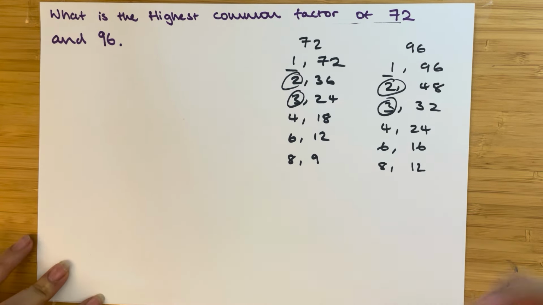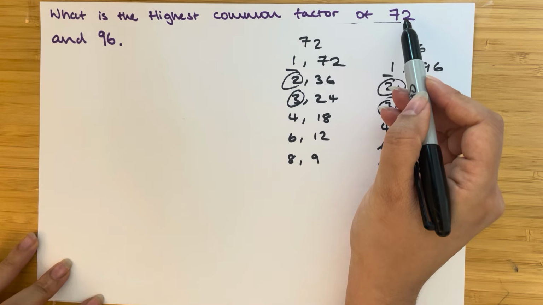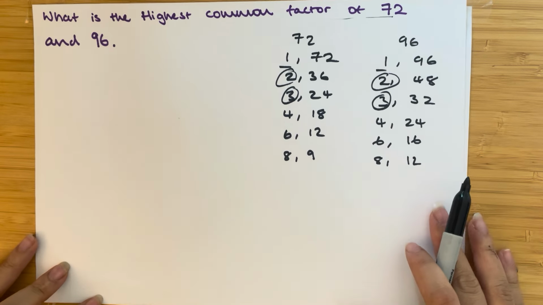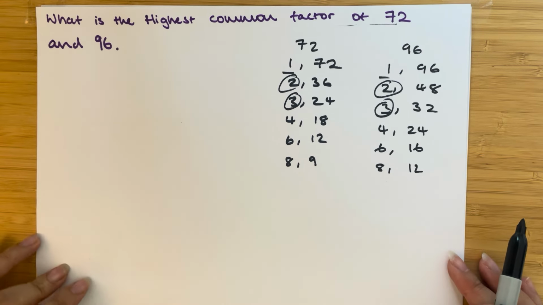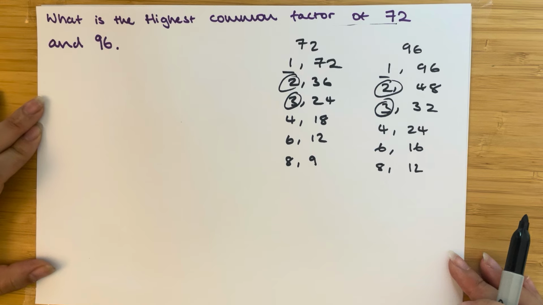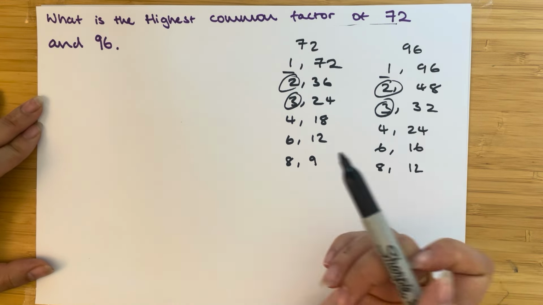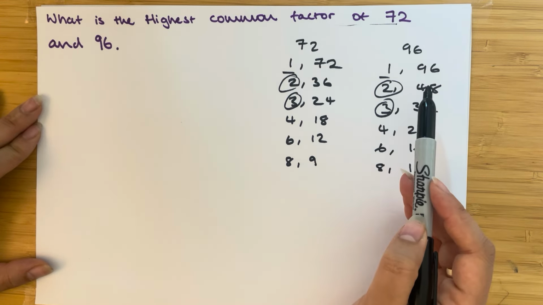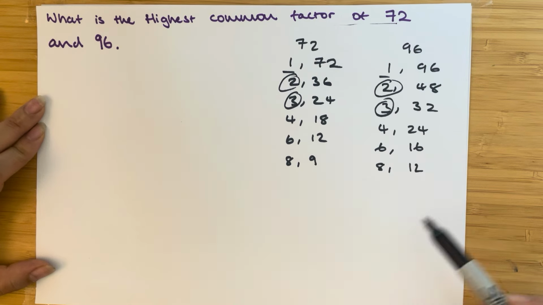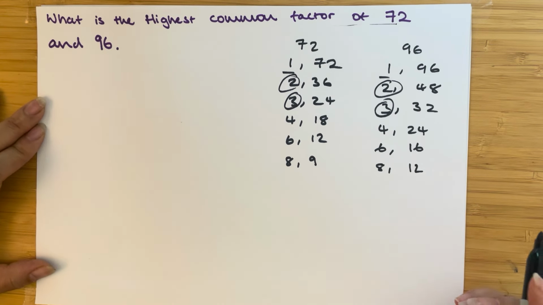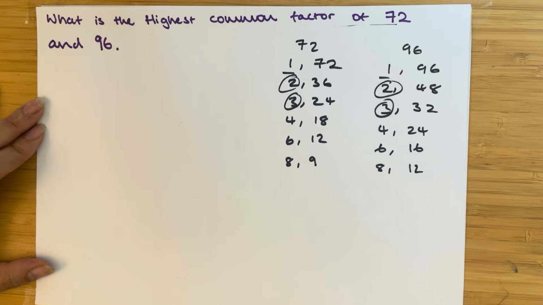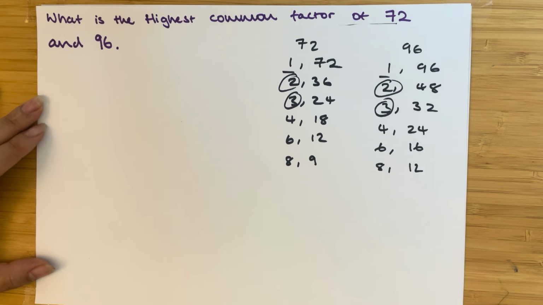Okay, so sometimes the numbers are going to be really high, so we can't list down all the factors. Therefore, we need to find a way to find the highest common factor without doing this method. So what you do is you make a factor tree, first of all.